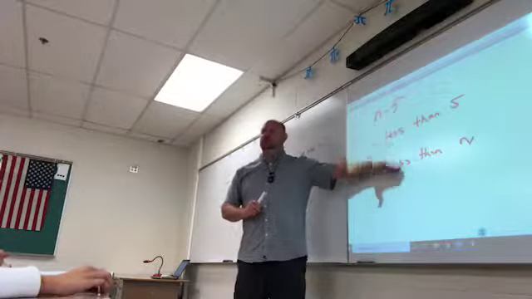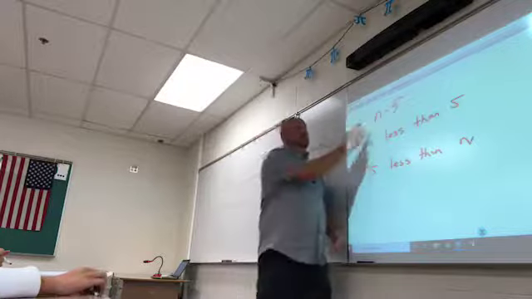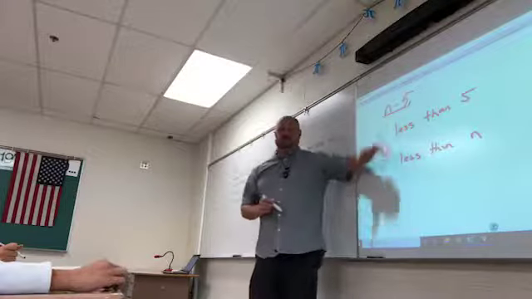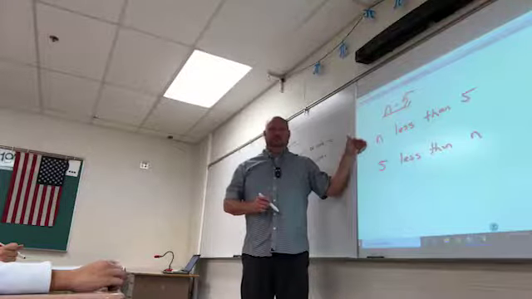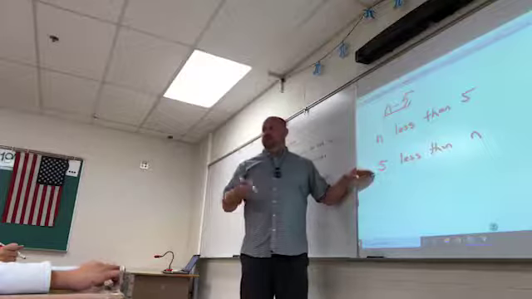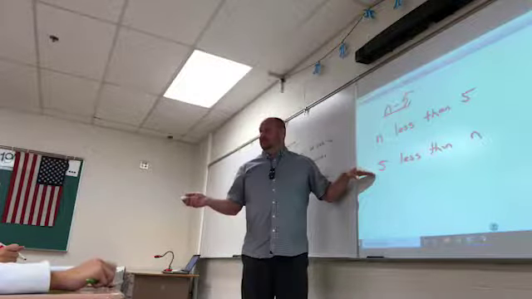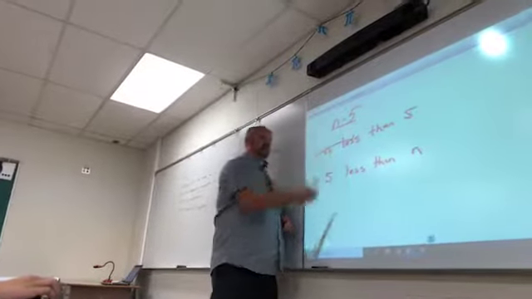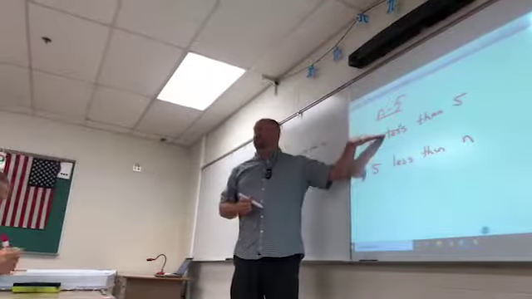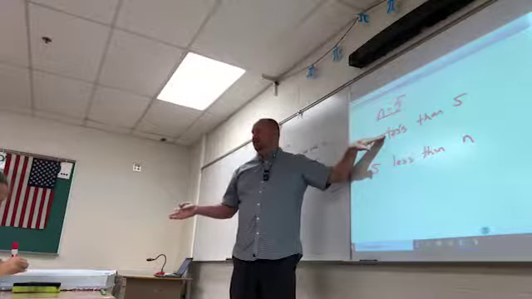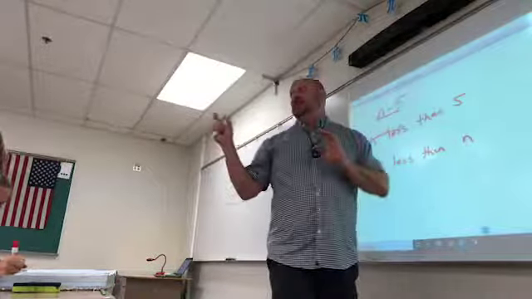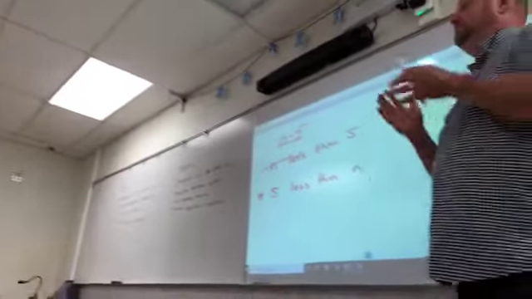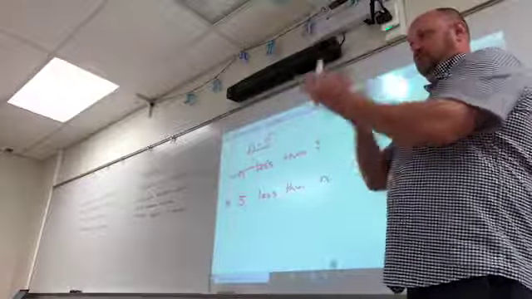Which of these two is correct for this algebraic expression? How many of you think it's the top one? N less than 5, or 5 less than n. Which one's right? The bottom one. This one is absolutely correct. This one's backwards. This one would actually mean 5 minus n. So with less than, you do have to, with any of the subtraction ones and the division ones, you have to be very careful of order.